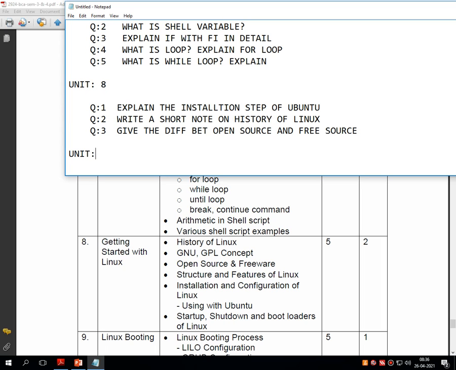Unit number 9. Question number 1. Explain Linux booting process.